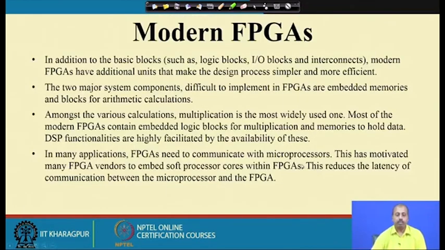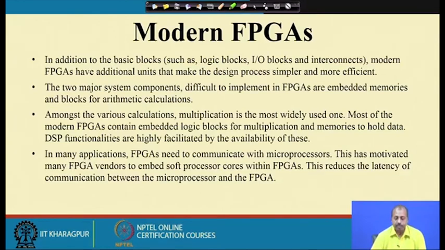If you look at modern FPGAs, in addition to the basic blocks such as logic blocks, IO blocks and interconnects, modern FPGAs have additional units that help in the design process to make it simpler. The two major components are embedded memory and blocks for arithmetic calculation.